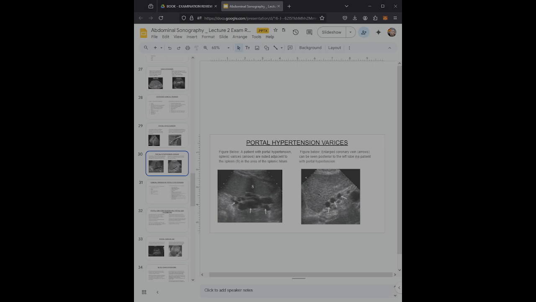Hematemesis may be present, and it's an ominous sign of a ruptured esophageal varix, and it markedly increases mortality.